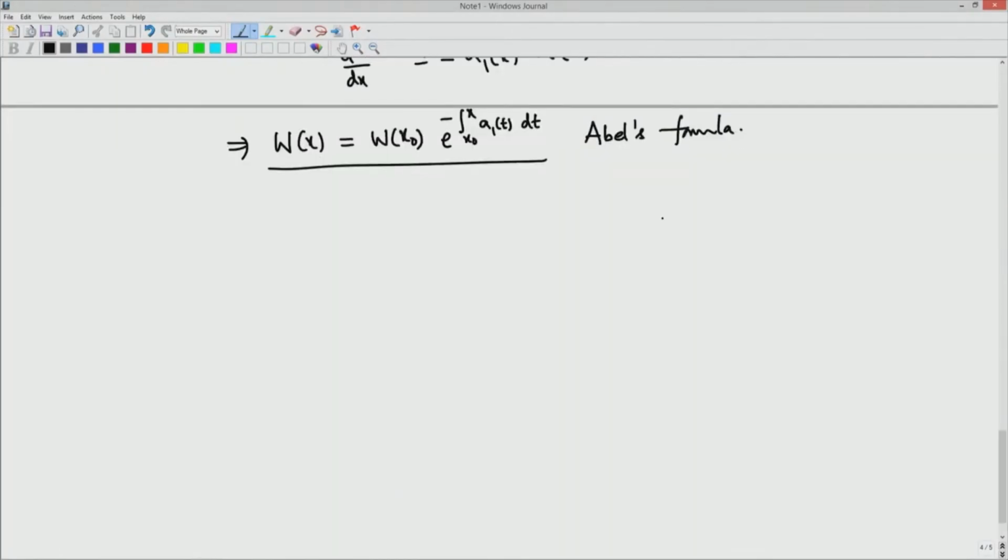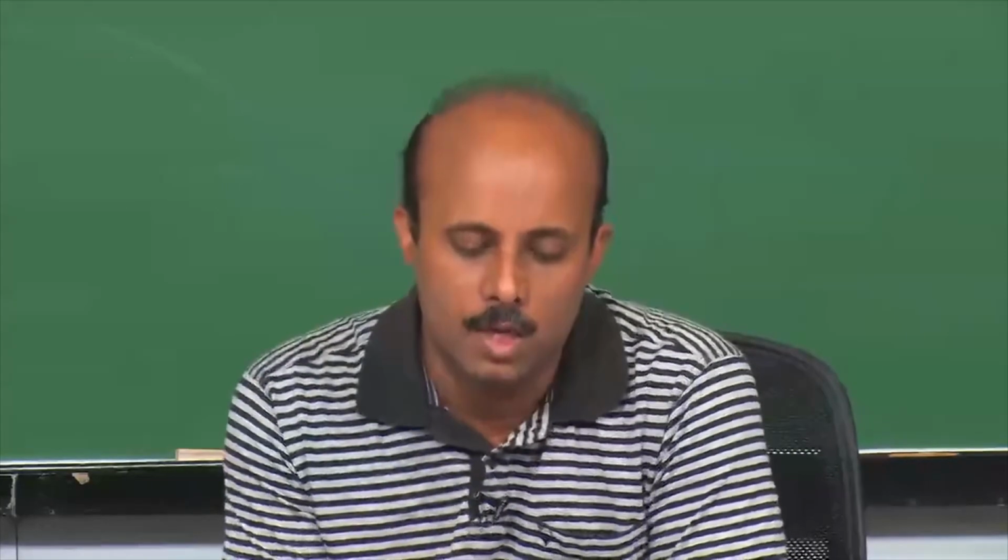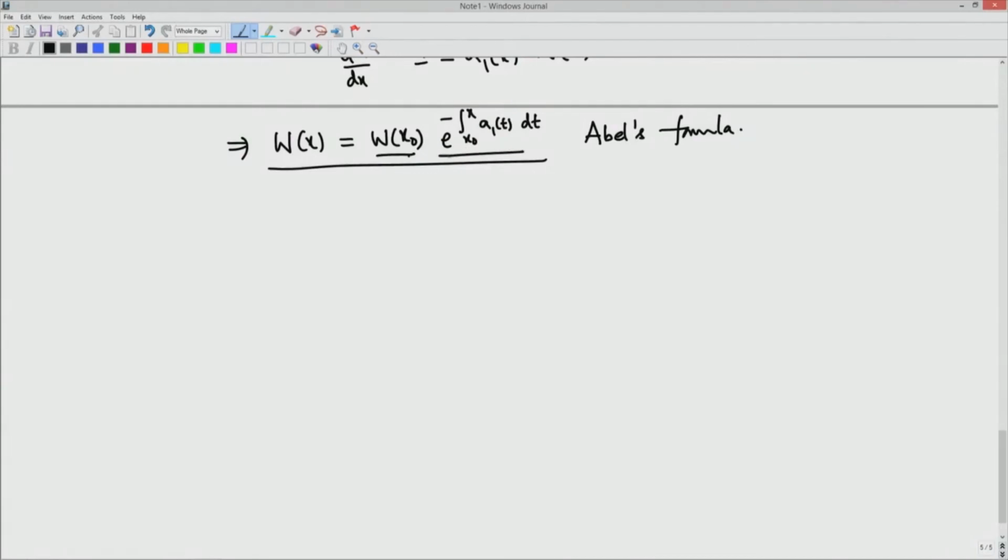Now, if these 3 solutions are linearly dependent, we have seen that the Wronskian at some point will be 0, then it is 0 everywhere, because W at x naught is 0. If they are dependent, W at x naught is 0 at some point. So x naught is arbitrary, I can pick this x naught as that point where the Wronskian is 0. So if this is 0, then the Wronskian is 0, because the exponential function is non-zero everywhere for all x.